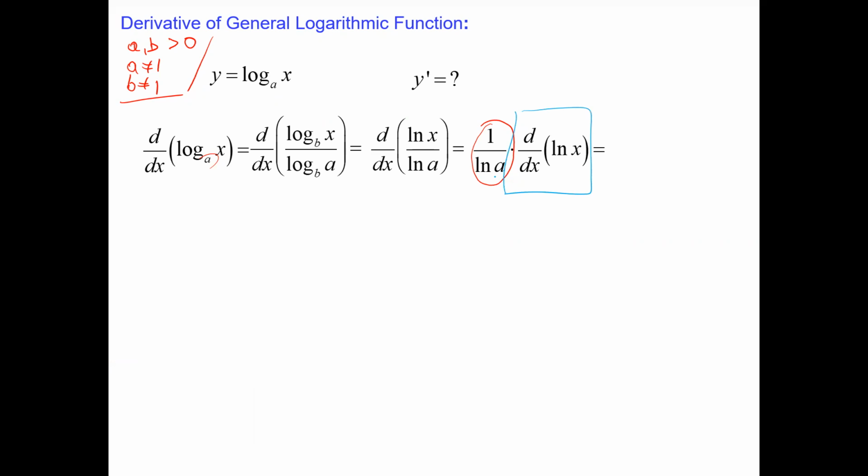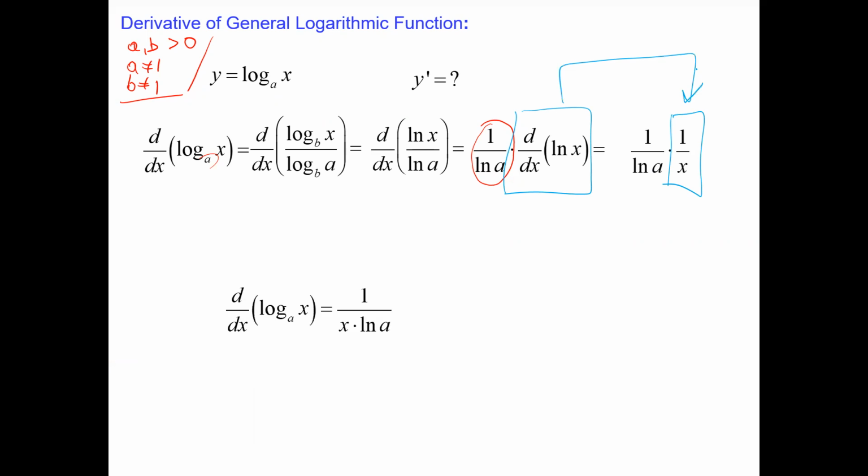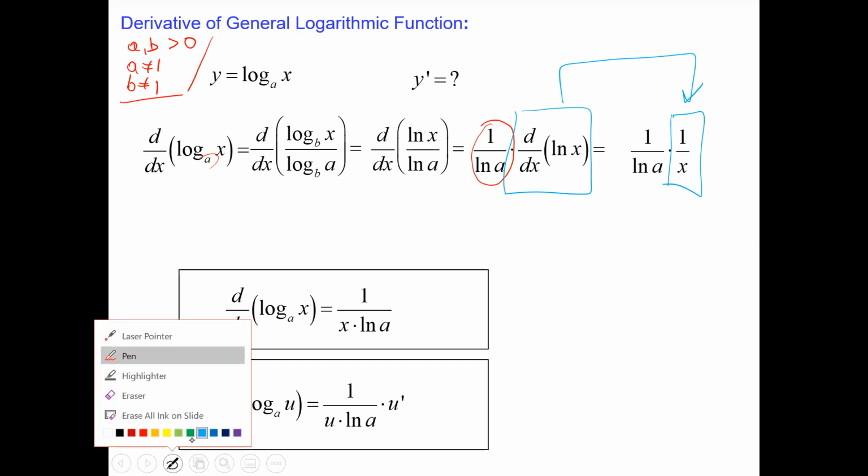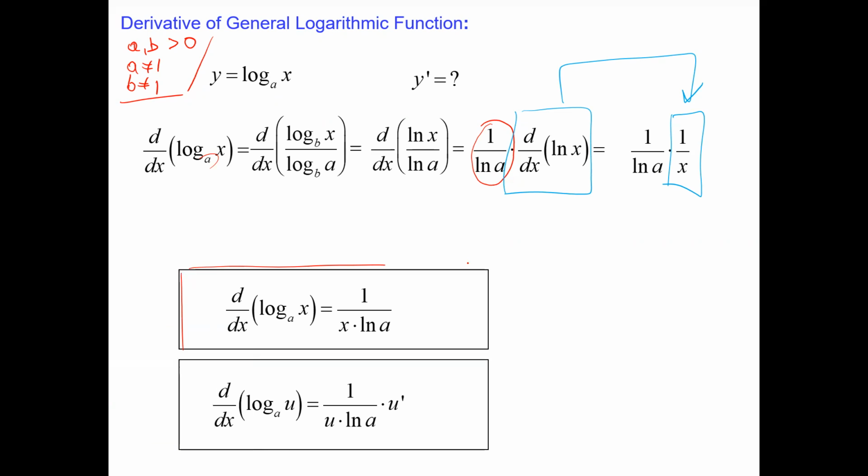We have to differentiate ln of x. The derivative of ln of x is, of course, this. And that's the derivative of, oh, I have the chain rule, okay, but the first box is just the derivative of a general logarithmic function.